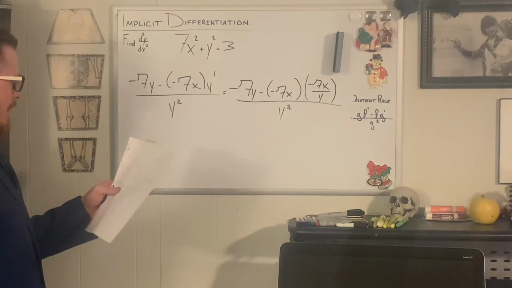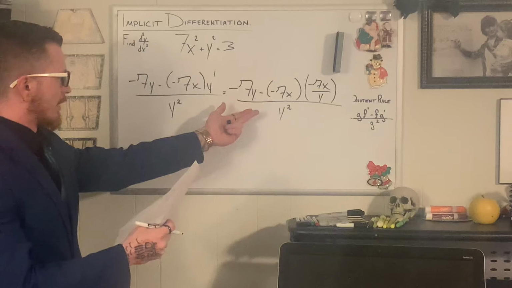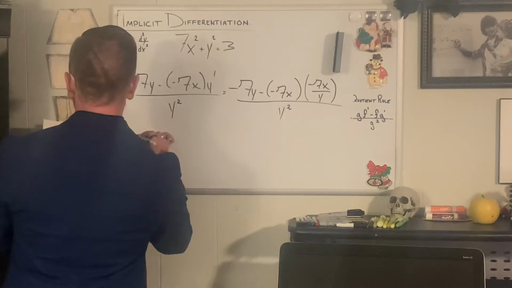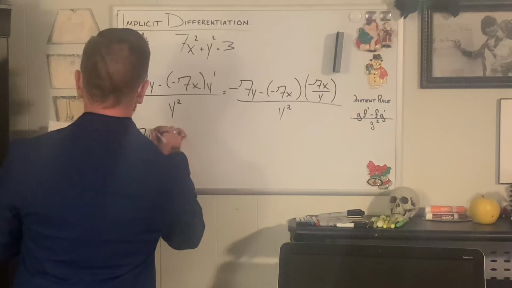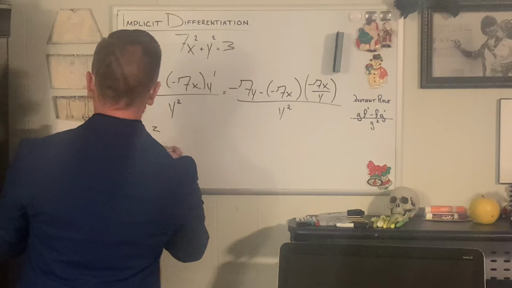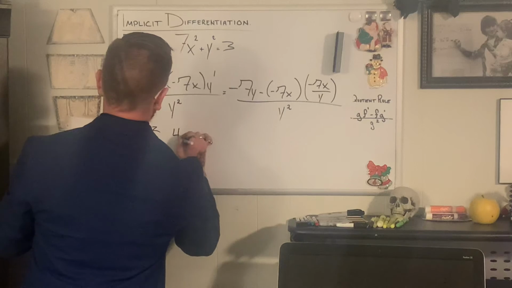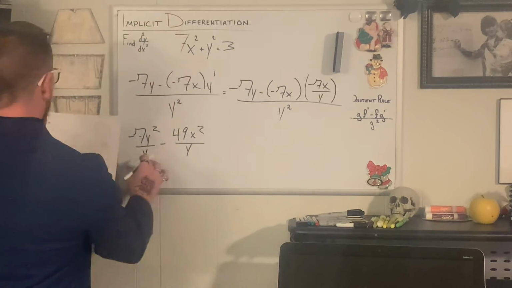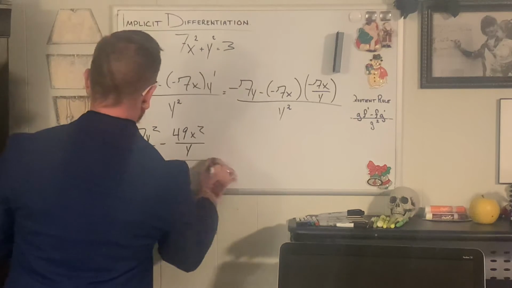Okay. Next, we need a common denominator here to start cleaning this up algebraically. That's going to become minus 7y squared over y minus 49x squared over y, all over y squared.